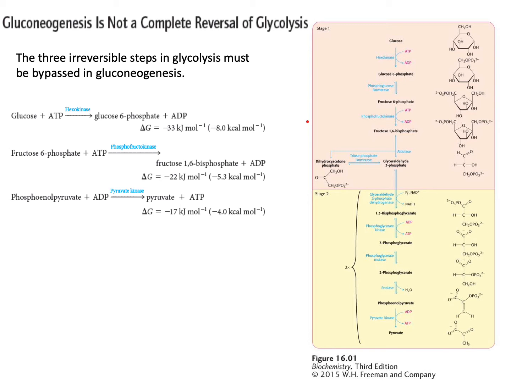Gluconeogenesis is not a complete reversal of glycolysis. From the previous slides, we know there are 4 new enzymes that facilitate gluconeogenesis. Let's look at gluconeogenesis from the free energy point of view, the thermodynamic point of view.